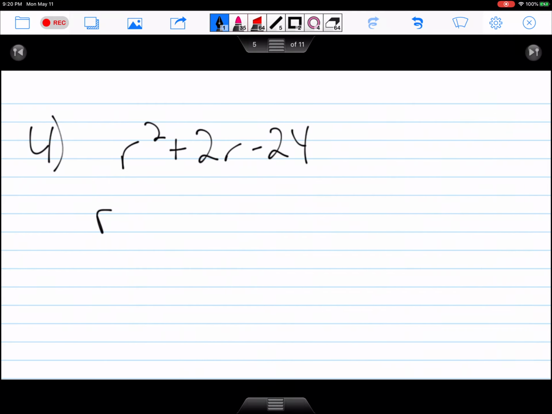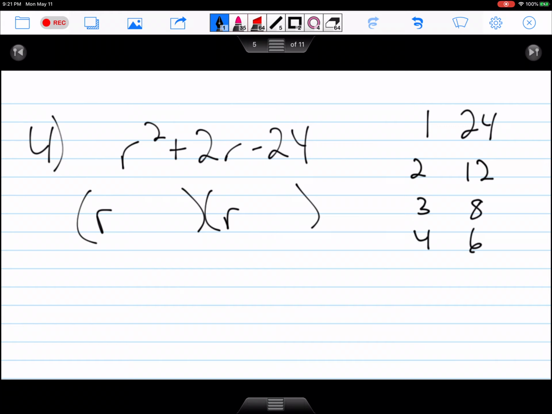All right. So we got r, because of r squared. Okay, cool. I got 24, so my factors, let's just keep listing them. I guess I'm vibing with that today. You'll get some practice in, and you'll just be able to list them. Now, the only way to get a third term to be negative when I multiply is to have a positive and a negative. Right?